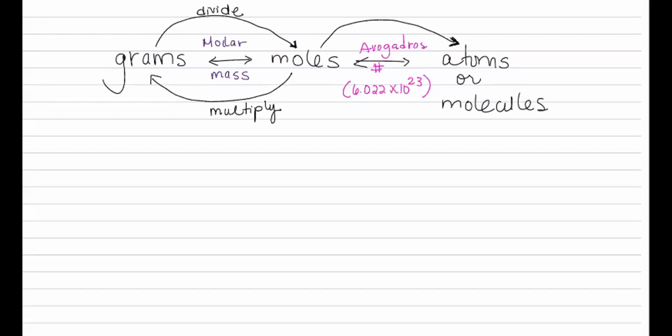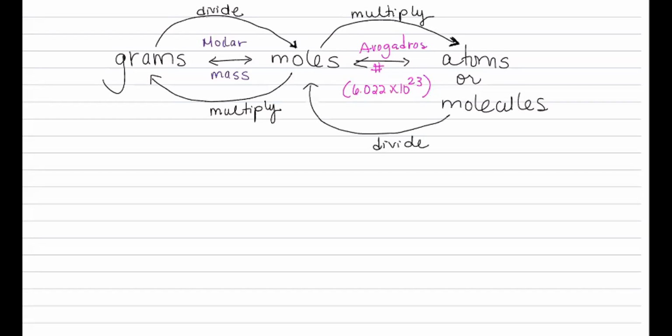Specifically, we are going to multiply by Avogadro's number. If we're going from atoms or molecules to moles, we're going to divide by Avogadro's number.